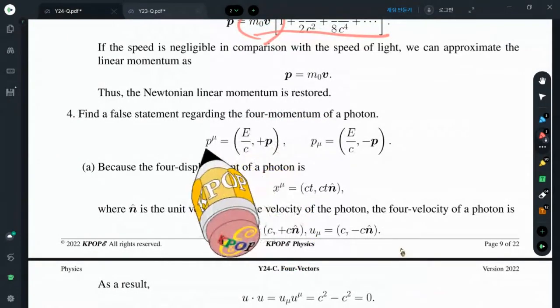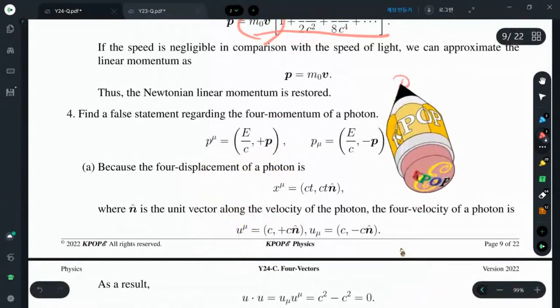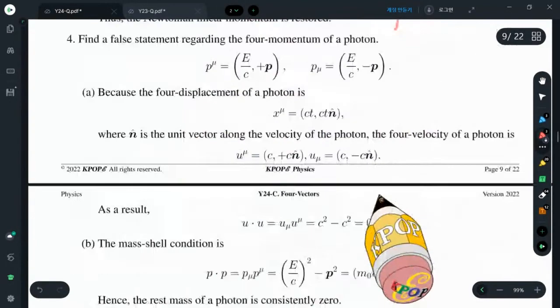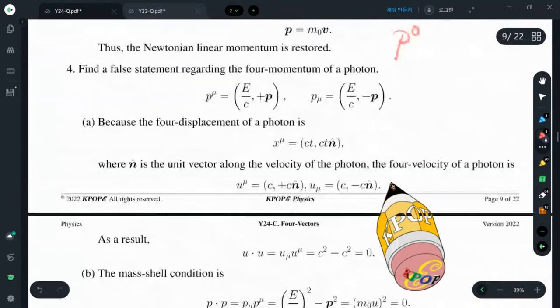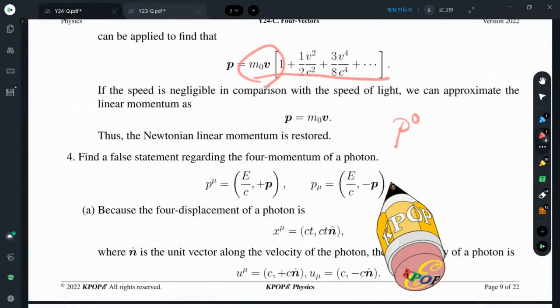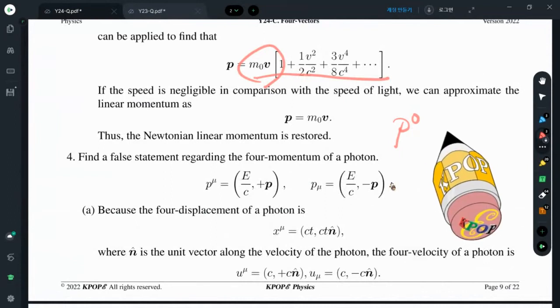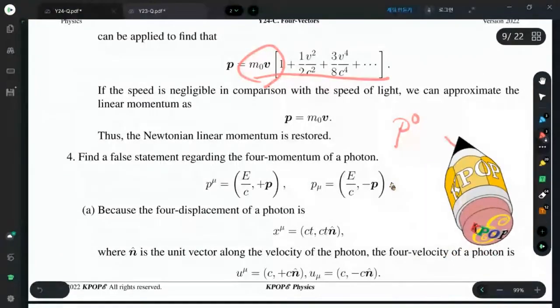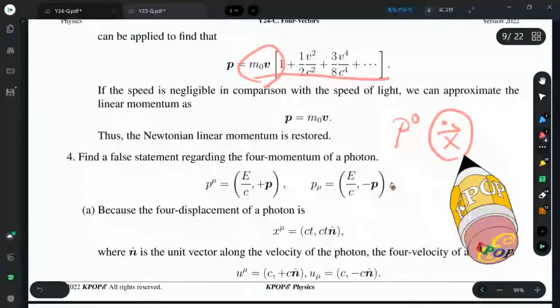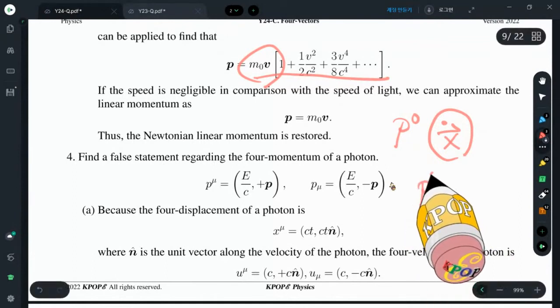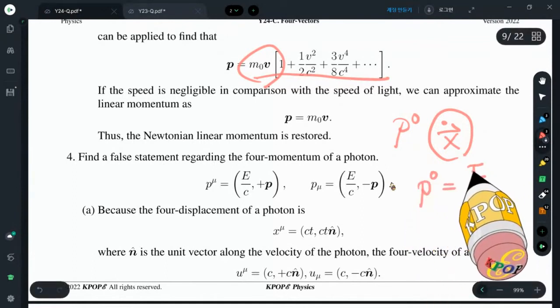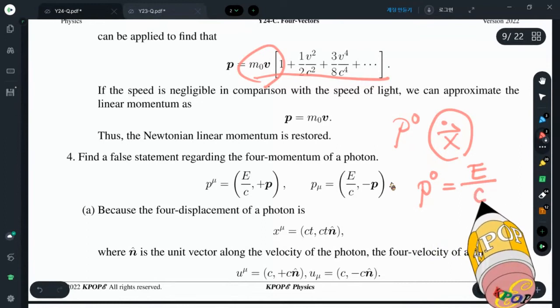Now, the 4-momentum has the zeroth component, and in the main class, we have evaluated the kinetic energy of a particle from the rest frame to the frame where the velocity is like that. And we have identified that P0 is nothing but the energy of a particle divided by the speed of light. And what is the energy?